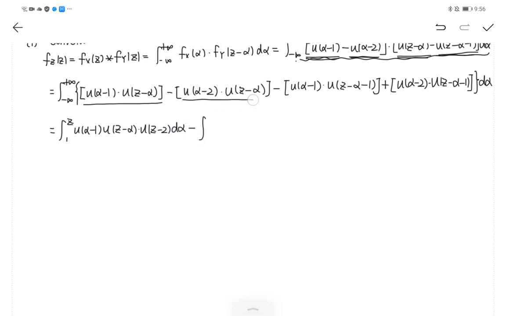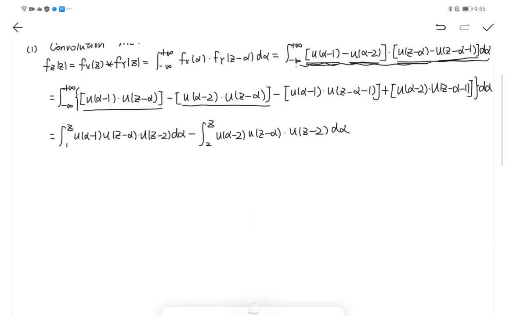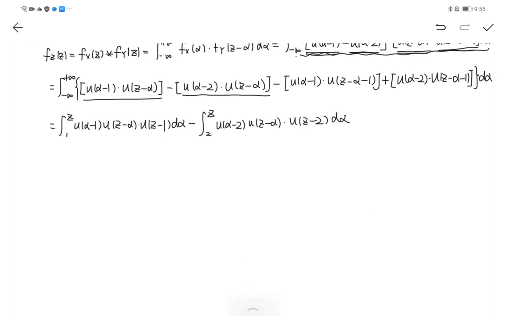And for this part, from 2 to z, it equals the integral of u(alpha minus 2) u(z minus alpha), and we also need to multiply by u(z minus 2) d alpha. Oh, sorry. This is from 1 to z minus 1, u(z minus 2) d alpha.